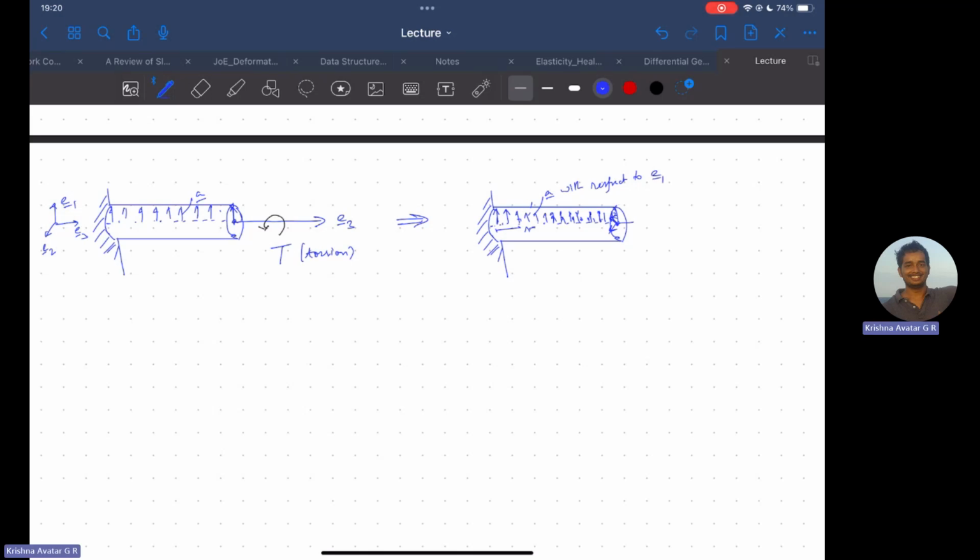The angle between the A vector and E1 is called phi, as we are applying this torsion.